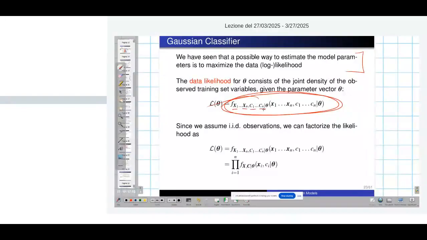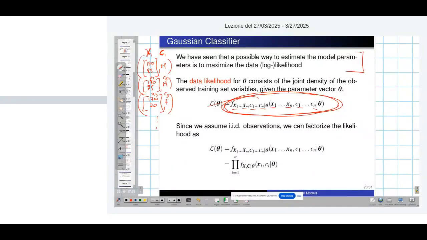So for example, in my dataset, I may have that I have labeled this as male, then I have one other male, then I have female, and so on. Each of these pairs will be x1, c1, x2, c2, x3, c3. They will be the values that I observed in my dataset.